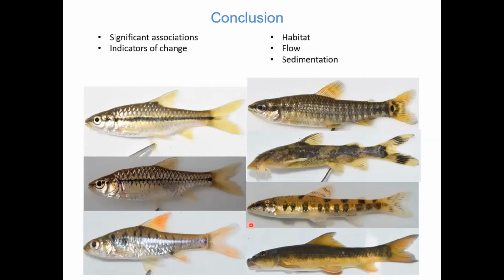Species that had strong associations with increased current velocity may be used to assess the impact of flow modification and damming in the catchment. Lastly, a species such as Labeo cylindricus that had a strong association with rocky habitats may be important in assessing the impacts of sedimentation that may come about through flow modification or deforestation and bush clearing in the catchment.